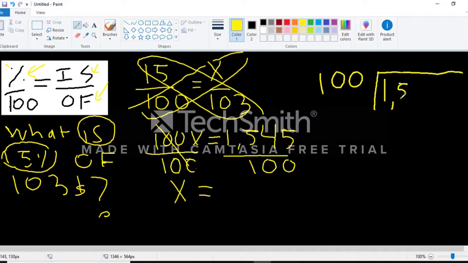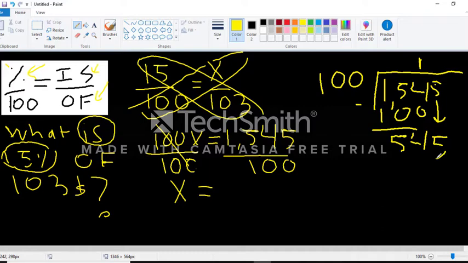We know it's not going to go evenly, which is okay because we could always round. 100 cannot go into 1, it cannot go into 15, but it can go into 154 one time. And we're going to subtract. So 154 minus 100, folks, is 54. And 100 cannot go into 54, so we're going to bring this 5 down. 100 goes into 545 5 times.